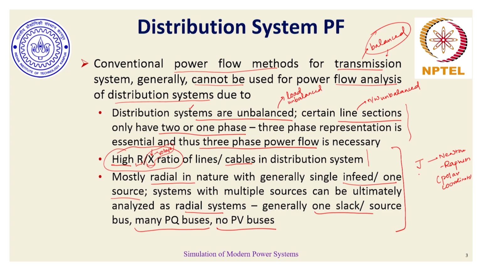When the lines have high R by X ratio or the system becomes radial, the off-diagonal terms in the Jacobian tend to dominate the diagonal terms, as a result of which the Jacobian matrix starts becoming ill-conditioned or its factorization becomes difficult. That is a mathematical reasoning.